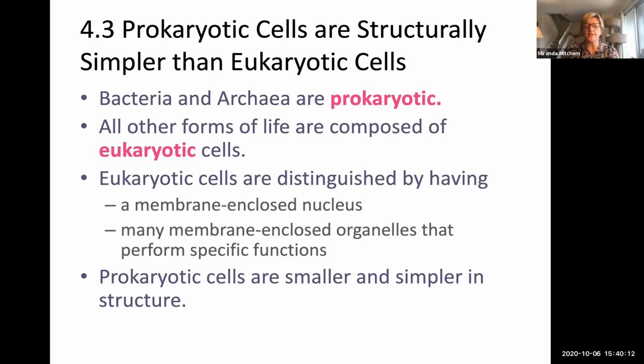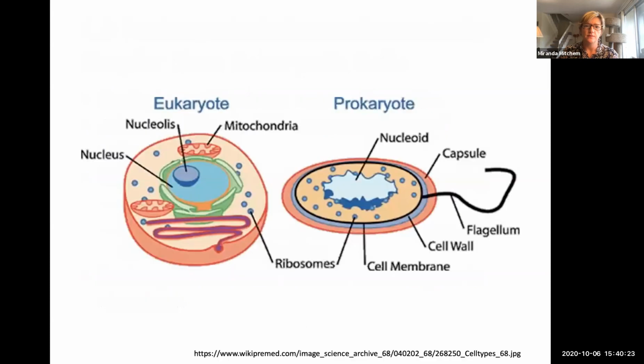So our prokaryotic cells are typically about 1/10 of the size of a eukaryotic cell, and they are much simpler too. So we're looking at kind of a cartoon drawing here of the eukaryotic cell on the left versus the prokaryote. I do want to point out that the relative size between the eukaryote and the prokaryote is not accurate here.